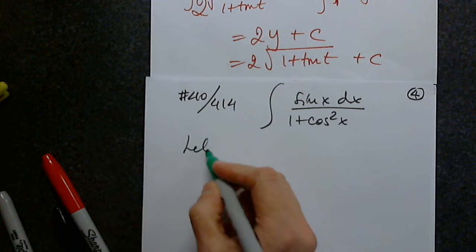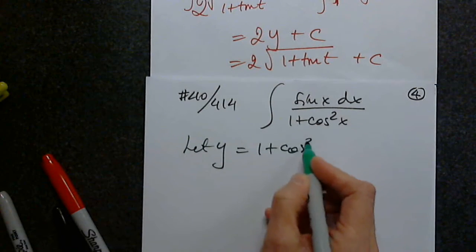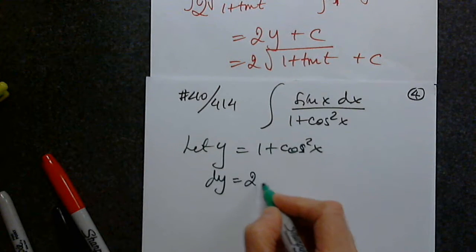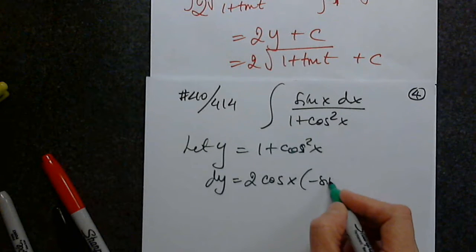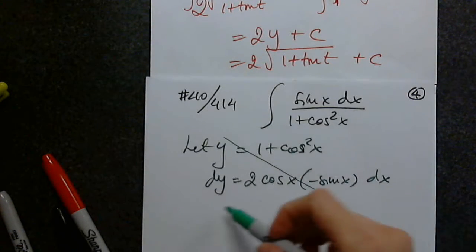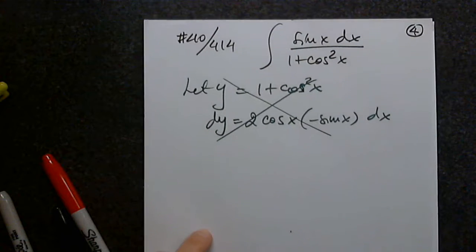If I say let y be 1 plus cosine squared x, I will have some difficulty because dy equals 2 cosine x times negative sine x dx. It's not going to work because I don't have a way of creating sine x cosine x dx. Negative 2 is okay, but I'm not going to multiply top and bottom by cosine because I'll get into more trouble. So this is not the right way for this one.